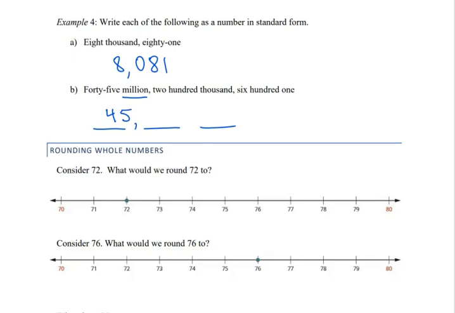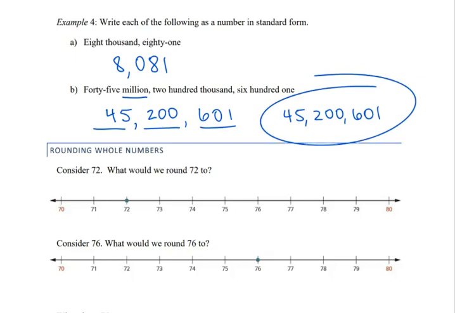Then in the thousands, all I have is the 200 part. So 200, the place name is thousand. And then in the ones, I have 601. So I have a 6 in the 100 place and 1 in the 1 place, and then I have a 0. So here's the whole number, 45,200,601.